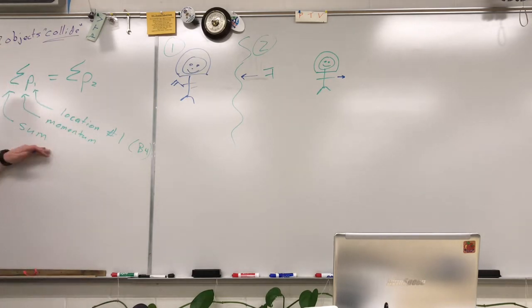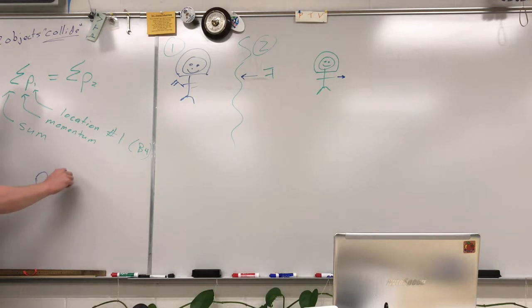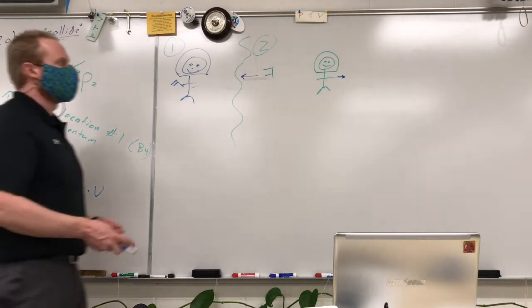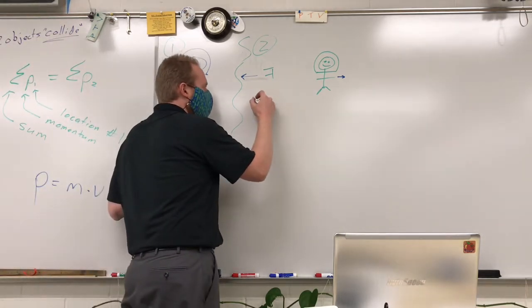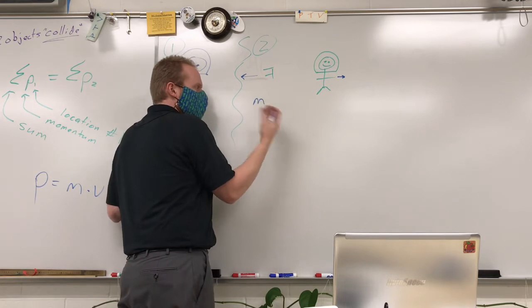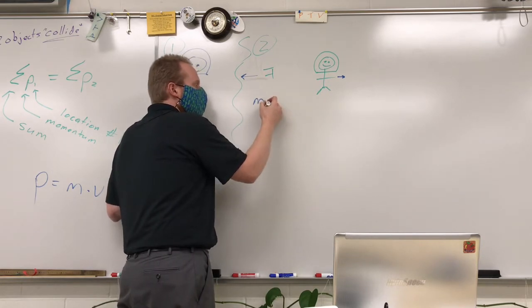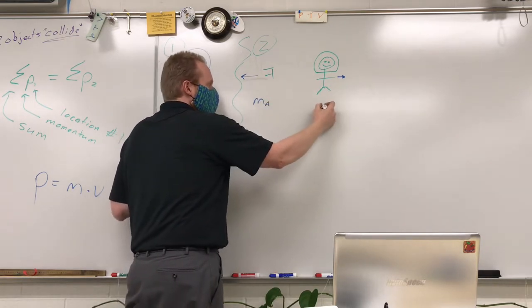Now we're going to use conservation of momentum. Our equation for momentum is P equals M times V. We're going to use that equation a lot. I often call these object A and object B. For each object, I need a mass.